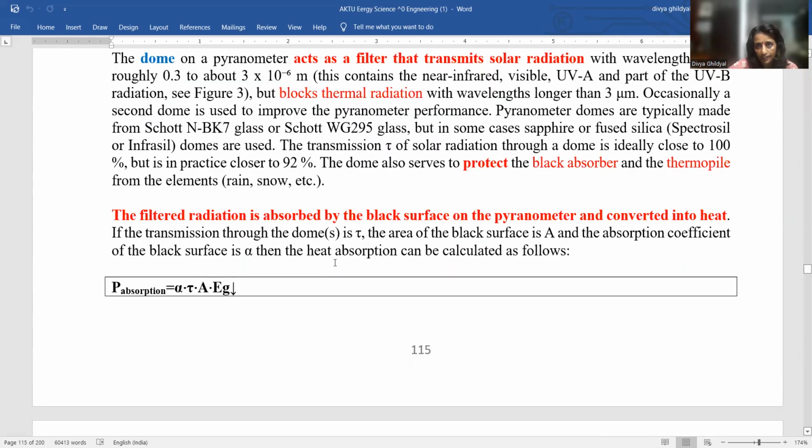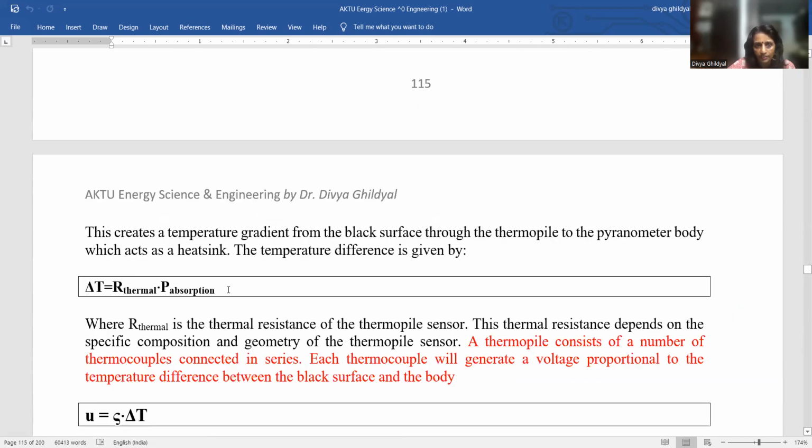Okay, the filtered radiation absorbed gets converted into heat, and if transmission through the dome is represented by tau, area of the black surface is capital A, and absorption coefficient of the black surface is alpha, then the heat absorption is calculated as alpha tau A times the amount of energy.